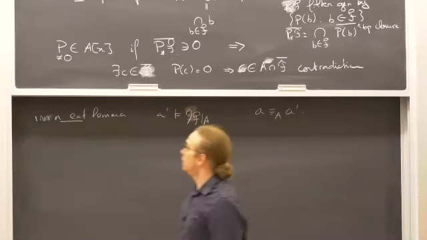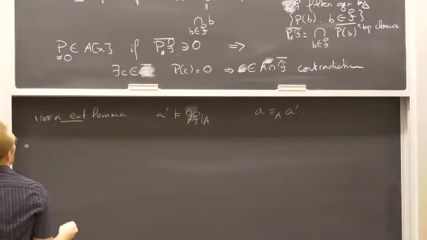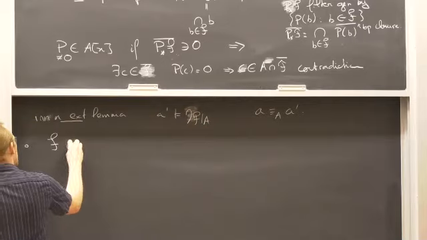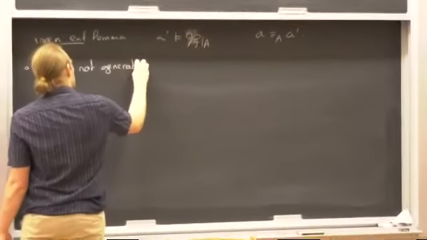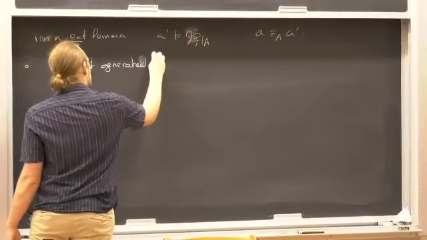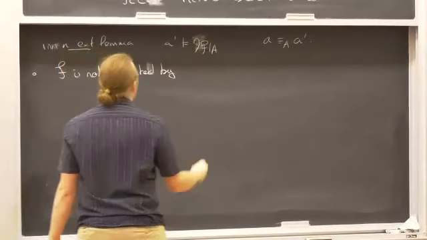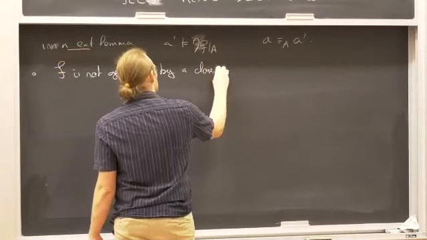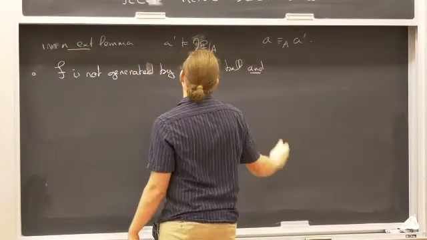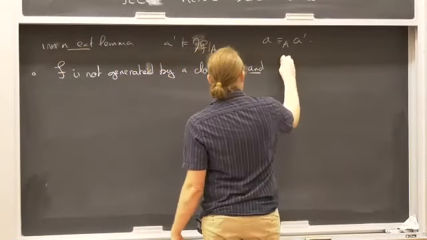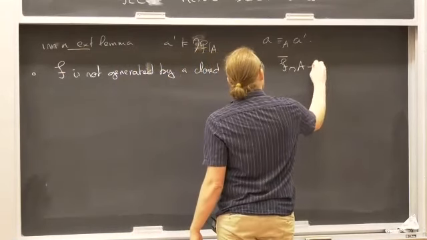Good. So one last case. The last case is F is not generated by a closed ball and F bar intersect A is non-empty.